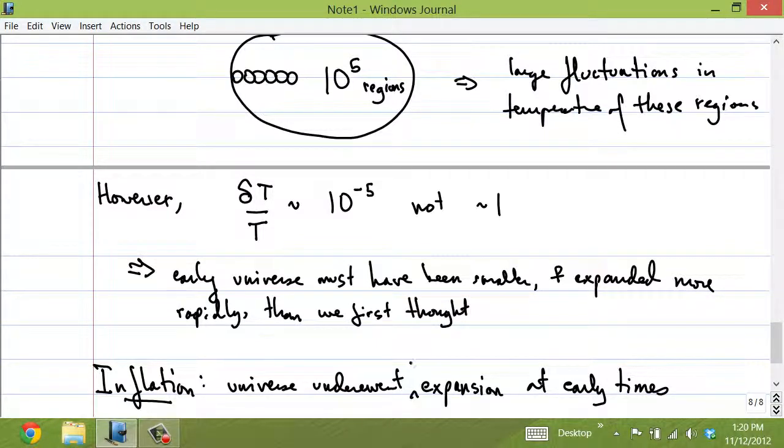Sorry, I meant to say exponential expansion. Of course, the universe always, we know, underwent some sort of expansion. But the theory of inflation is the theory proposing that the universe underwent exponential expansion at early times.